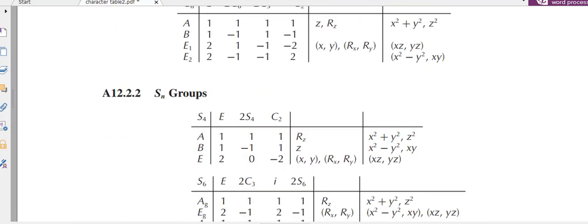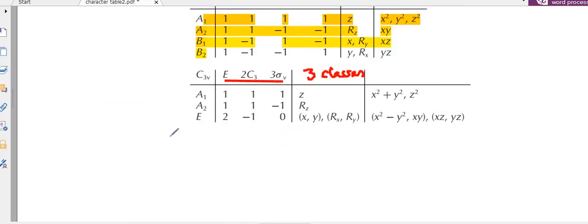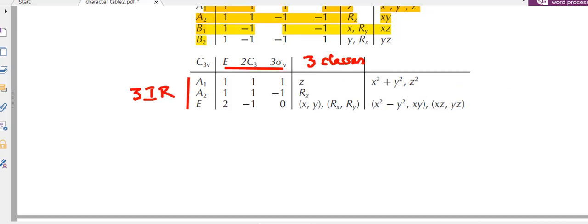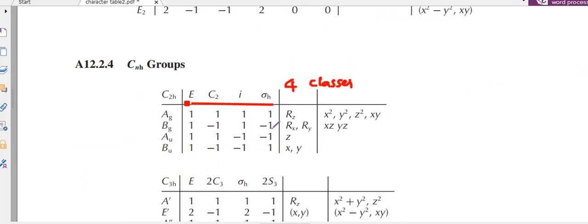In the C3V point group, the irreducible representations are A1, A2 and E. So there are 3 irreducible representations here. Likewise, in the case of C2H point group, the 4 irreducible representations are AG, BG, AU and BU. So there are 4 irreducible representations.